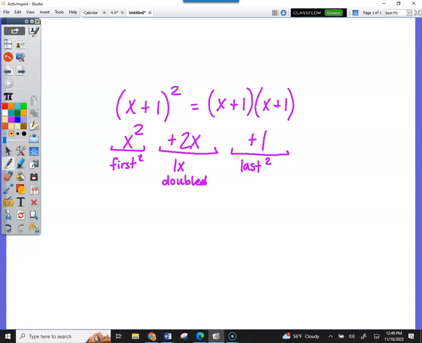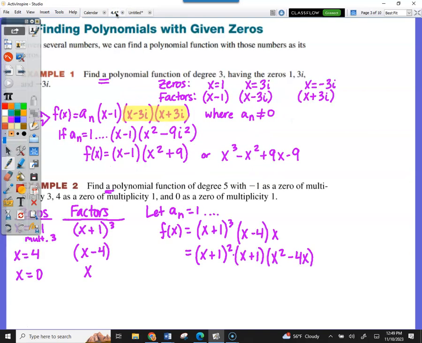That only works when it's a binomial squared, which, as you can see, we're doing a lot in this section. So it might not be a bad idea to practice it. So I'm going to come back over here. That binomial squared is going to be x squared plus 2x plus 1.